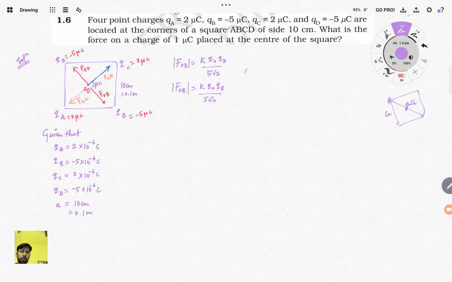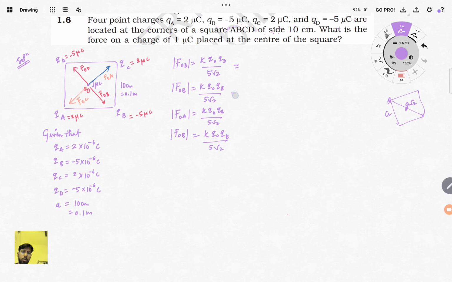The magnitude of force on O due to A is going to be K Q_O Q_A by 5 root 2, and force on O due to B is going to be K Q naught Q_B by 5 root 2.